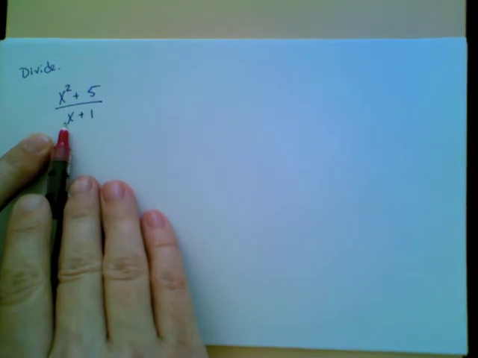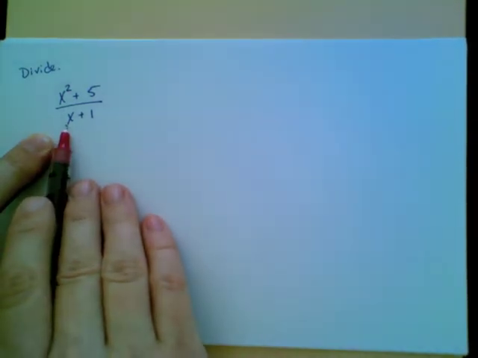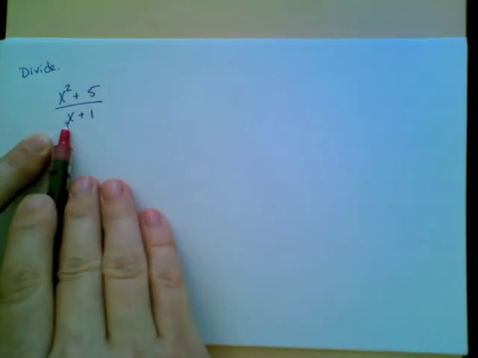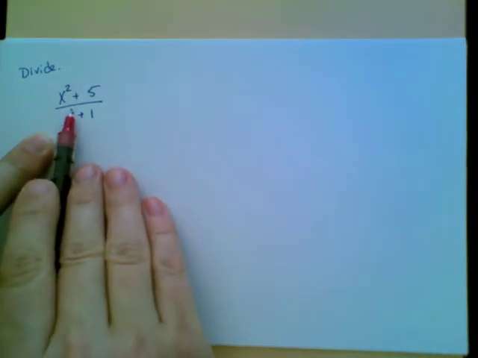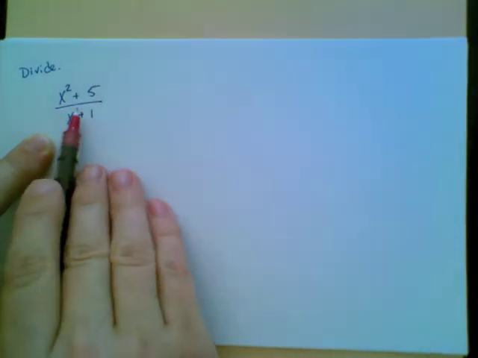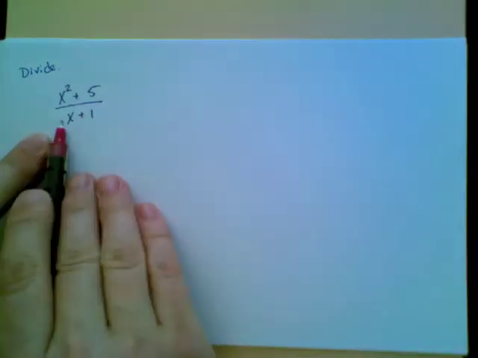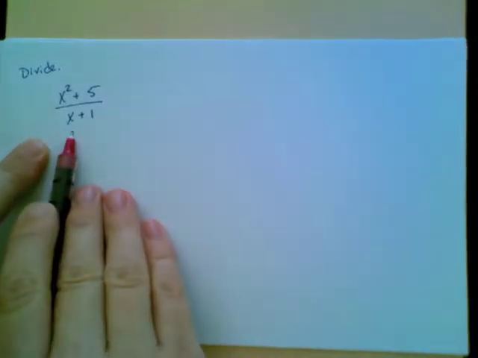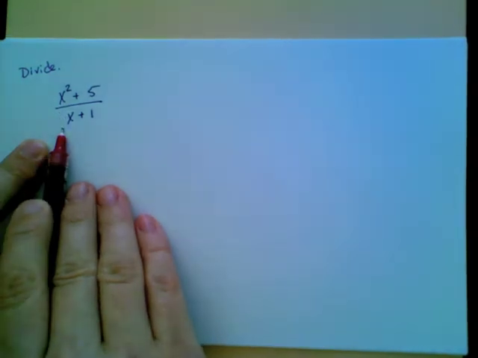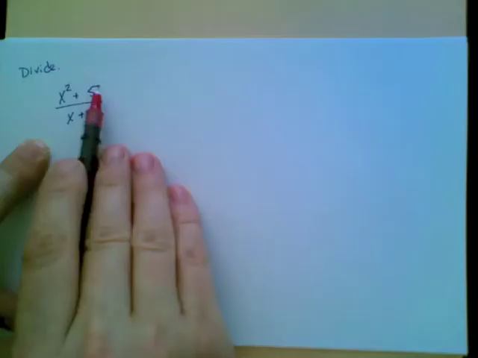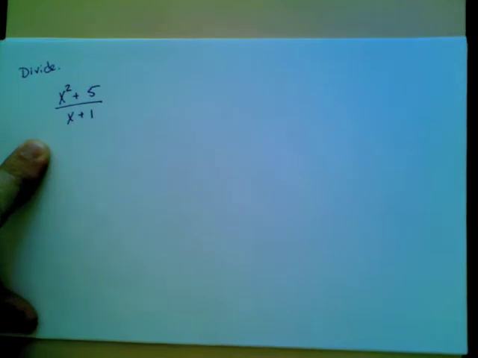First, I want to mention that this only works if your divisor is linear. That is, it just has an x without an x squared, x to the third, anything like that. It has to be divided by something of degree 1 with a slope of 1. So this does meet our qualifications to perform synthetic division.